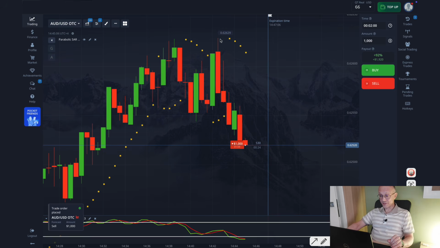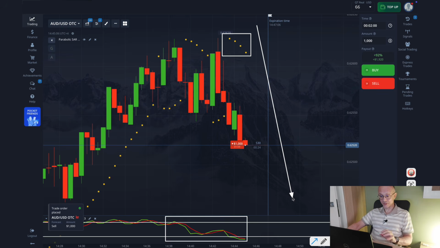After a confident test of the support level, the chart shows a reversal and begins to form a steady upward wave. The candles rise steadily, creating a neat and easy-to-read pattern on the chart, which indicates the strength of buyers and the stability of the new momentum. This development clearly shows that buyers have completely taken the initiative from sellers.